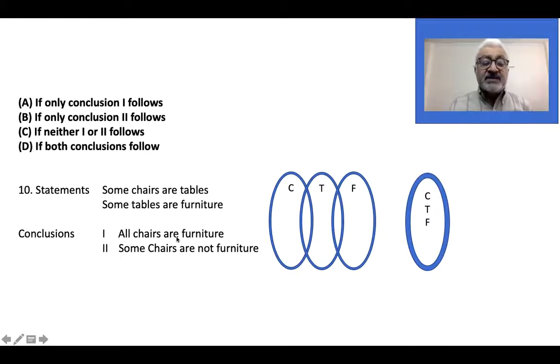In this case, all chairs are furniture is true, and some chairs are not furniture is not true. All right. So therefore, what can be confirmed here? All chairs are furniture. Can we confirm this? No, because it is not being confirmed here. Some chairs are not furniture is being confirmed here, not being confirmed here. Therefore, neither of them is the answer. Hence, C would be the right answer.